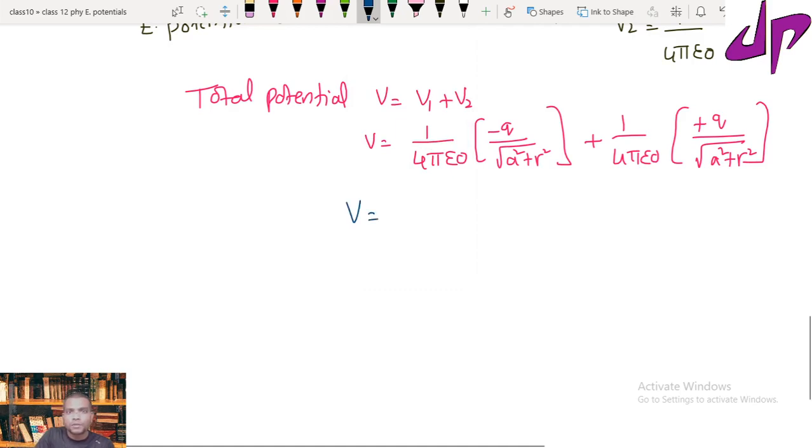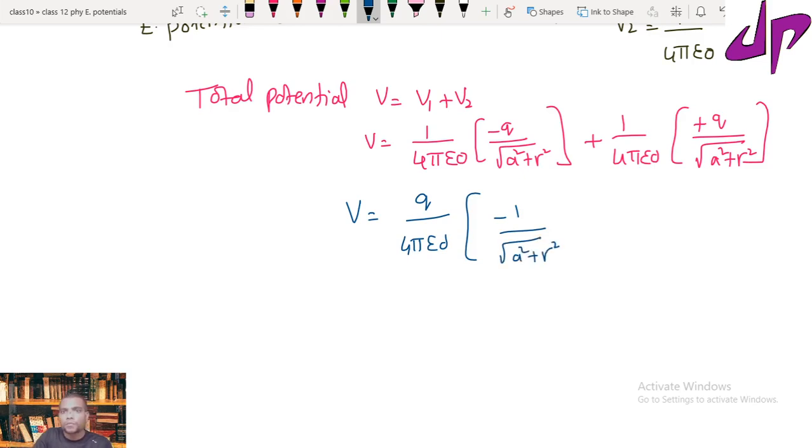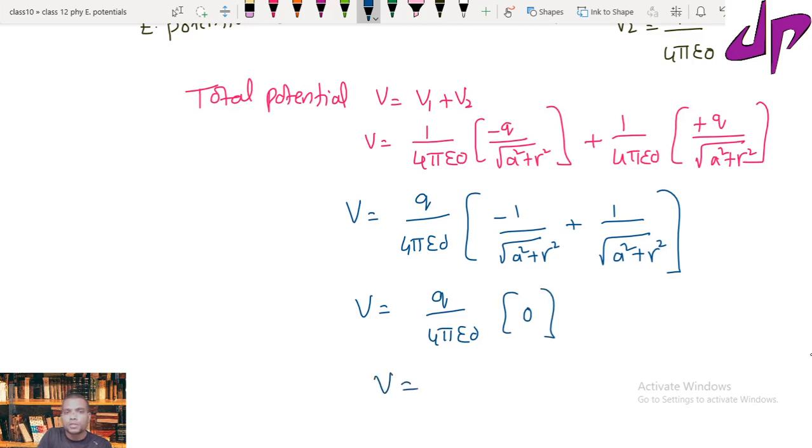So V equals, pulling out the common factors, Q upon 4 pi epsilon naught of minus 1 over the square root of A square plus R square plus 1 over the square root of A square plus R square. This value contributes to 0. So Q upon 4 pi epsilon naught of 0, and the potential value equals 0.